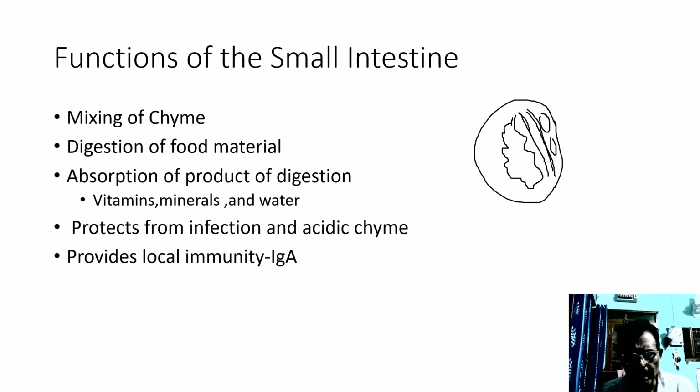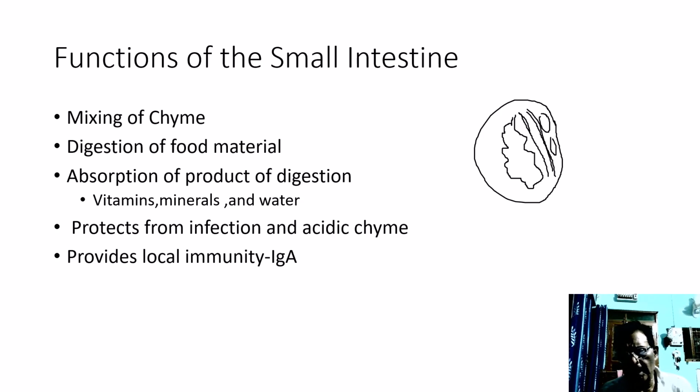And acidic chyme coming from the stomach will damage the intestinal mucosa, and this is protected by the small intestine by secreting thick mucus and bicarbonate.